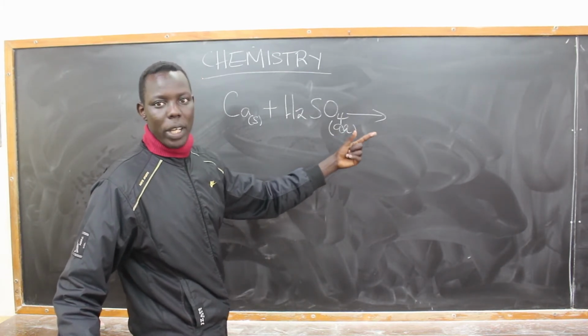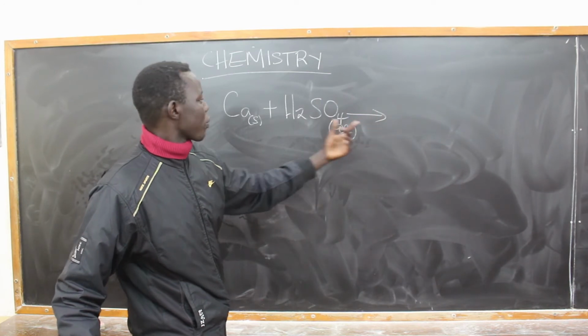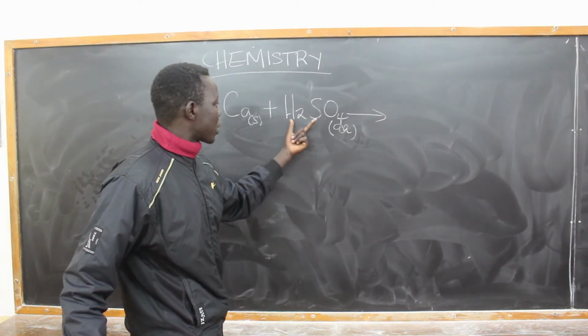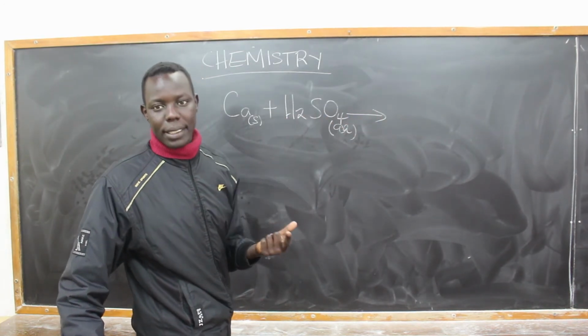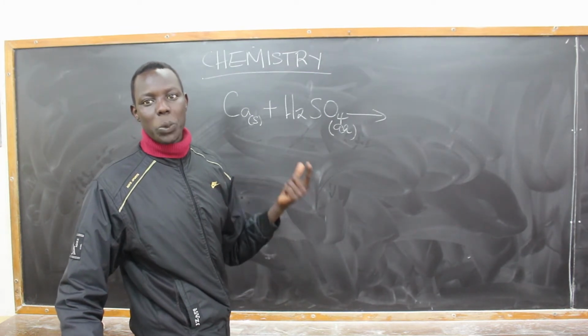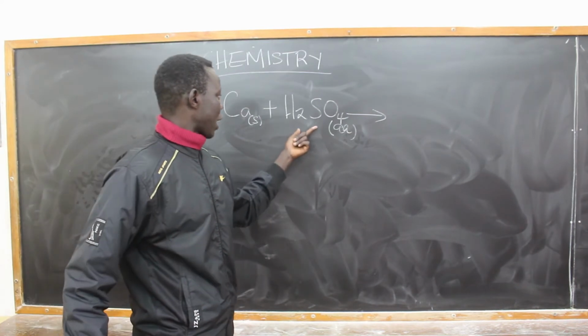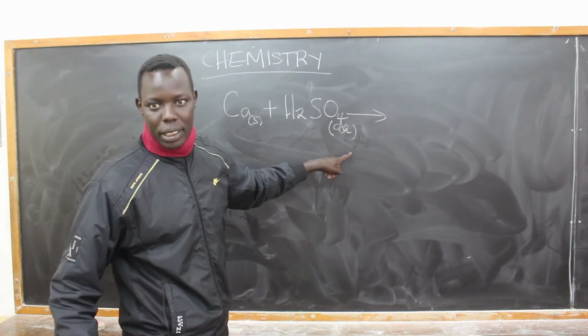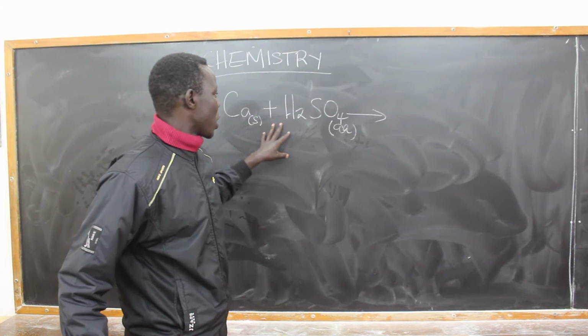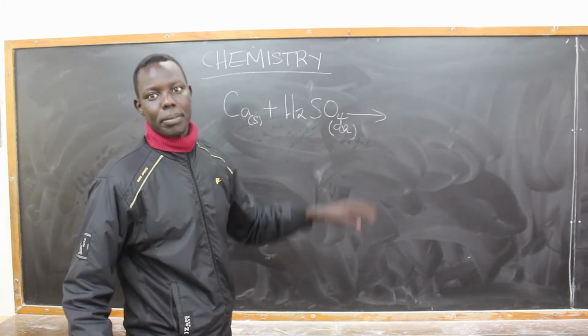Whenever you see aqueous, it means it is a solution. So sulfuric acid in aqueous form means it is dilute sulfuric acid. If I was using concentrated sulfuric acid, it would be liquid. But now, because it is dilute, it's aqueous.